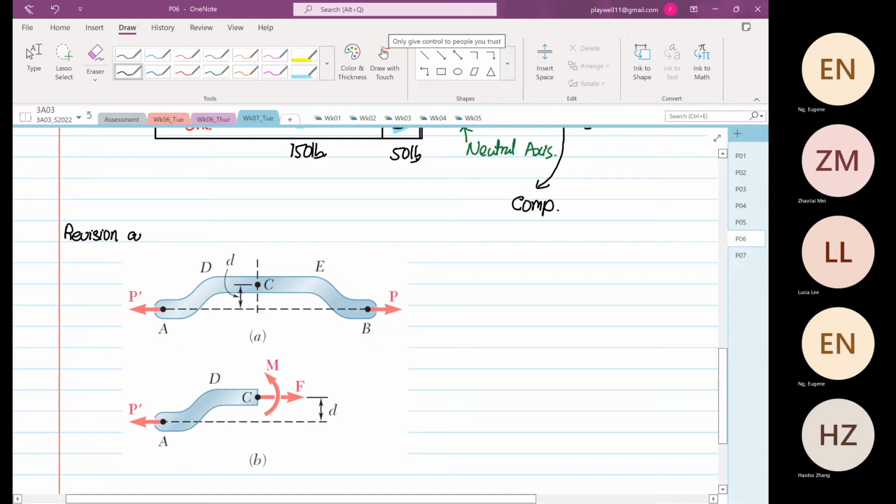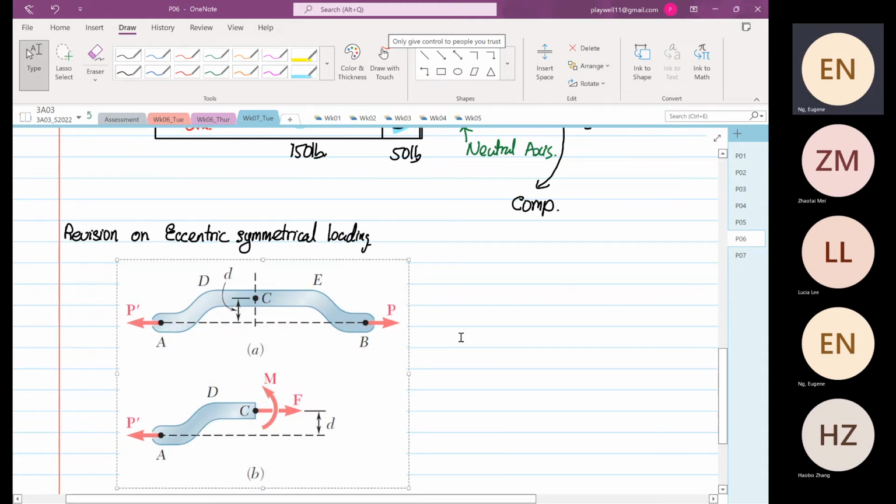Revision on eccentric symmetrical loading. I want you to take note of this.